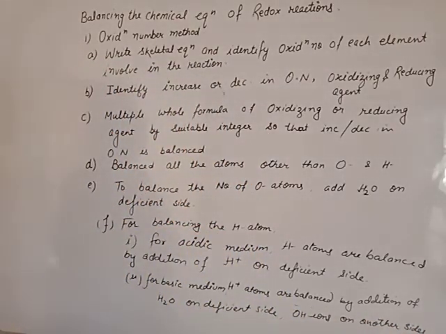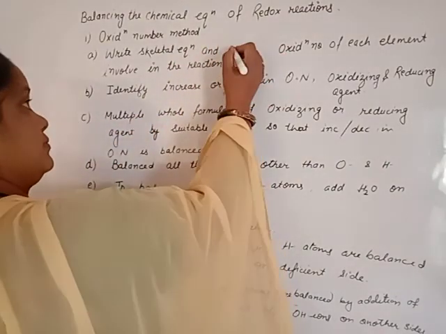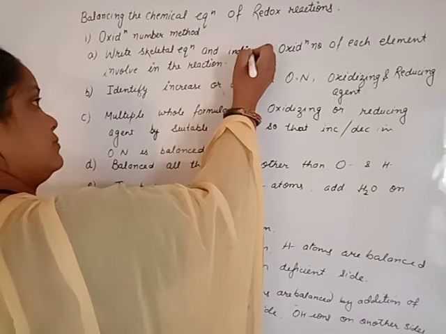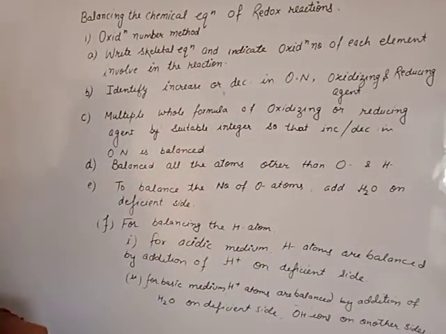Before balancing the equation, you must remember these rules serial wise. The first rule, write skeletal equation and indicate oxidation number of each element involved in the reaction.